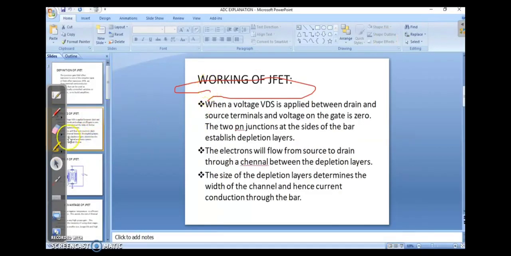And next we will see about the working of JFET.